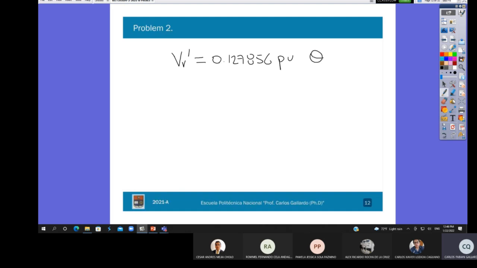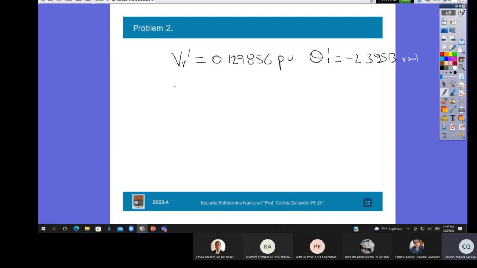The angle is theta for the voltage. In this case, the angle is in radians, so I will have negative 2.39513, and this is radians. Okay, this is for the voltage.